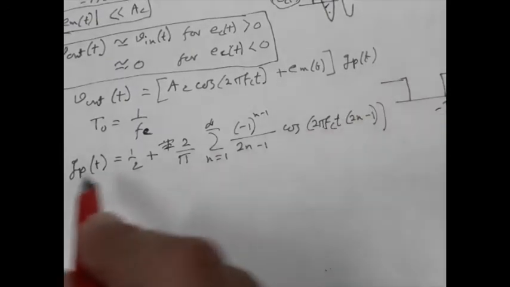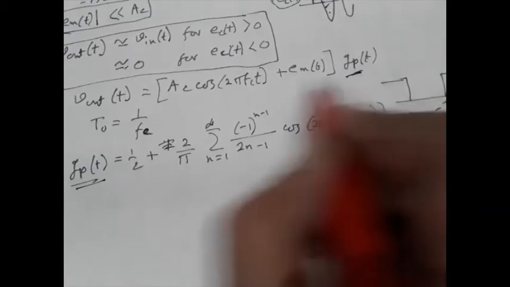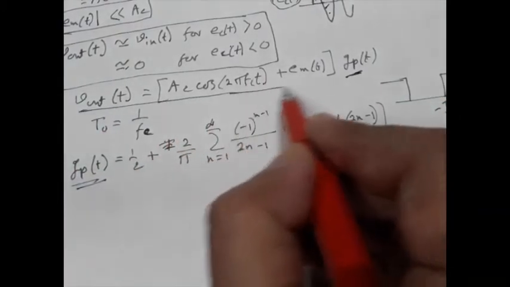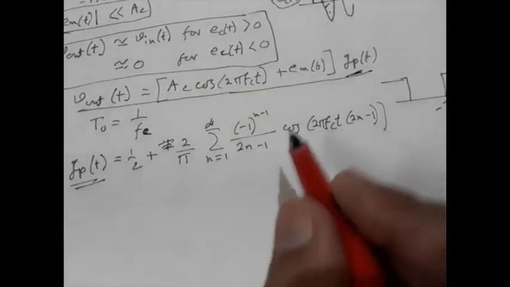So if we substitute this g p of t in this equation, we can get the output voltage, and we can see that this output voltage consists of the sum of two components.